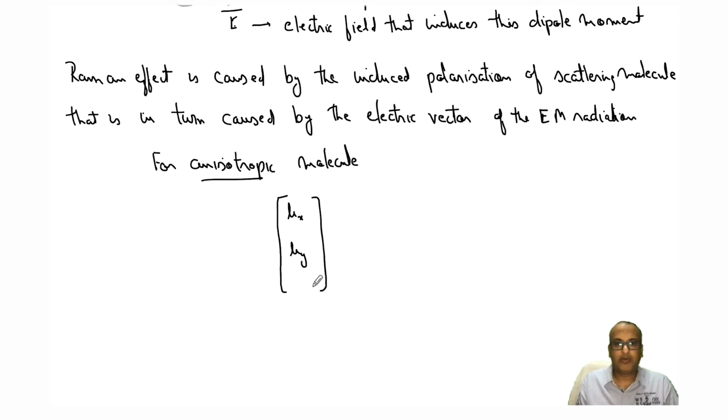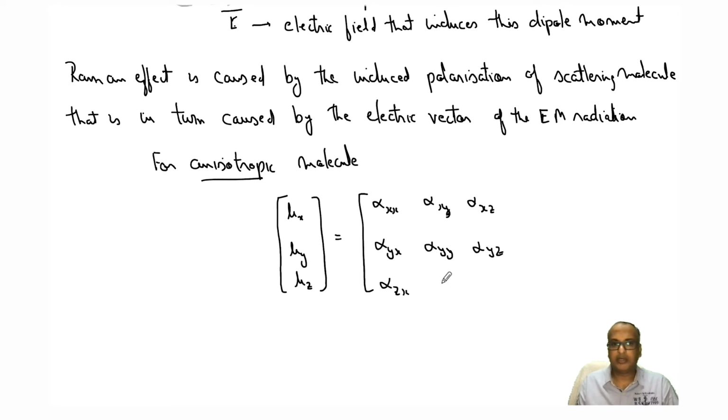So mu x, mu y, and mu z is equal to the matrix alpha xx, alpha xy, alpha xz, alpha yx, alpha yy, alpha yz, alpha zx, alpha zy, alpha zz, multiplied by the electric field vector Ex, Ey, Ez.